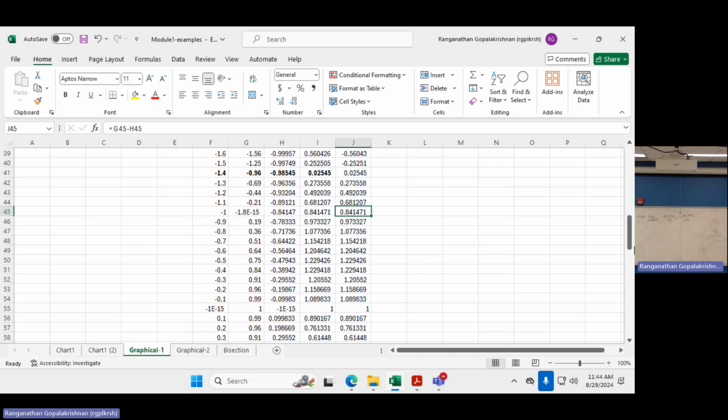Pause, listen for a second, please. You figured out that this product is negative, this product is positive. What is the inference from here? The inference is the root is contained between a and x naught. The range from b to x naught is no longer relevant.